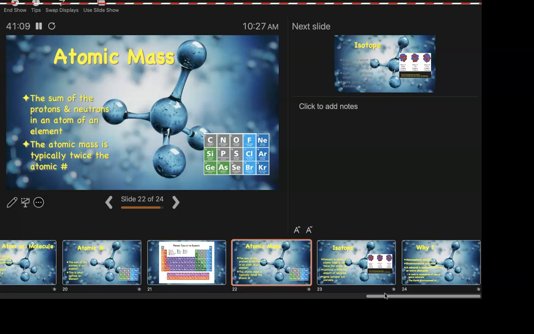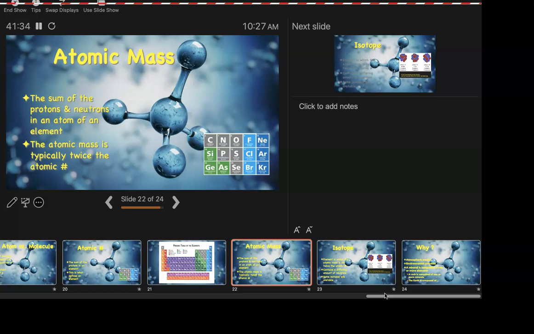It doesn't take long, however, if you stare at a periodic table long enough, to realize that that isn't always the case. I'm going to make one up, but let's say, all right, selenium. Selenium has an atomic number of 34. What should its mass be? 68, by the rule I just gave you, right?